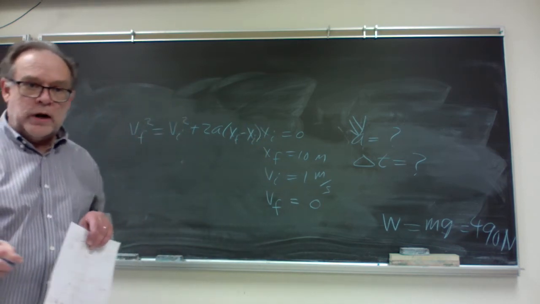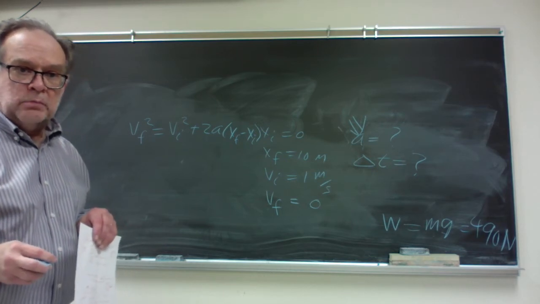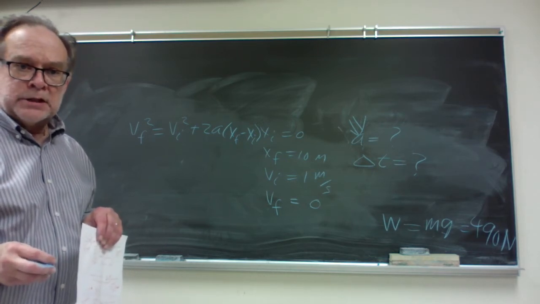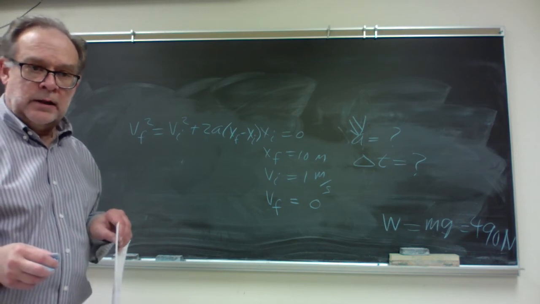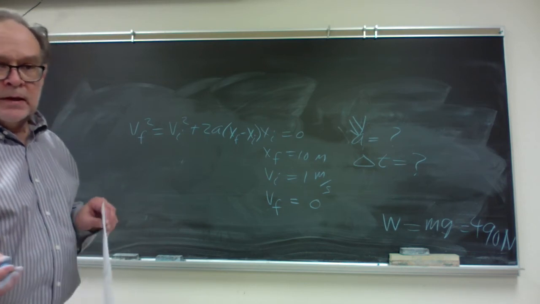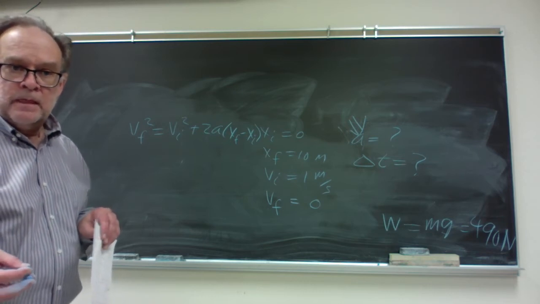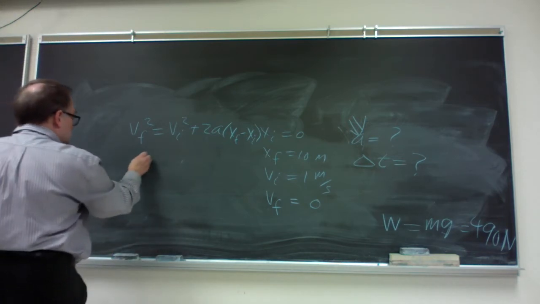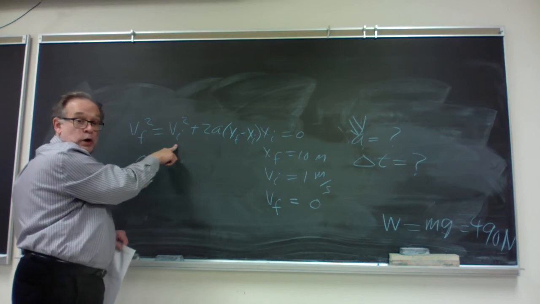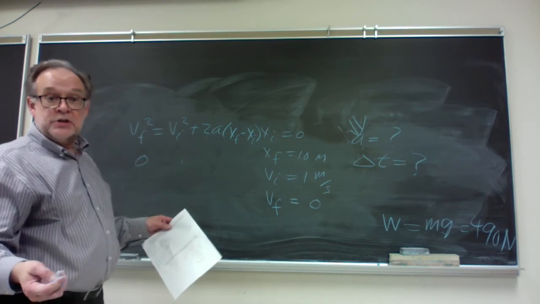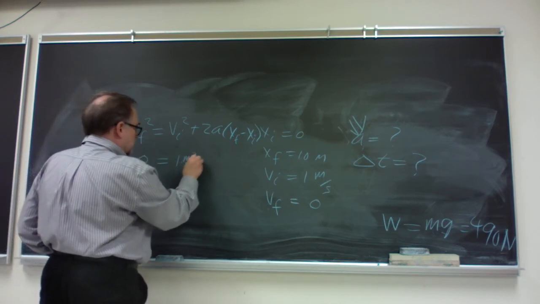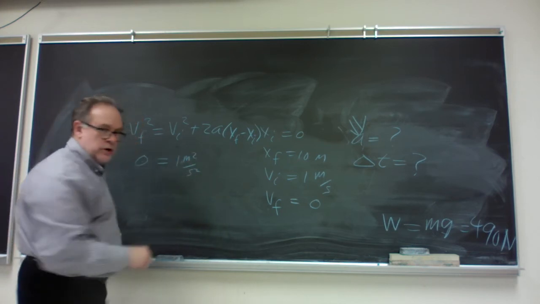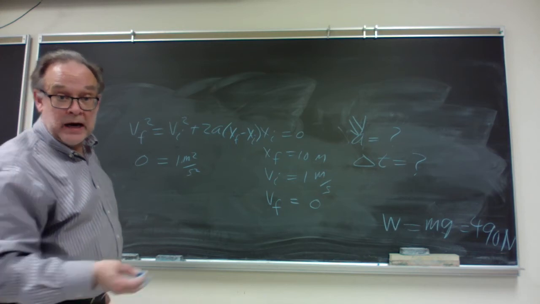Final velocity squared equals initial velocity squared plus 2 times acceleration times the difference between final and initial location. And we can put in all the numbers here. Final velocity is 0. Initial velocity is 1, so initial velocity squared is also 1 meter squared per second squared, since it's a squared velocity.